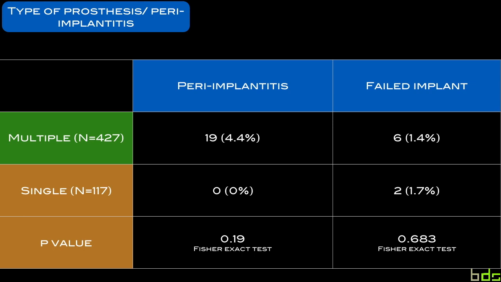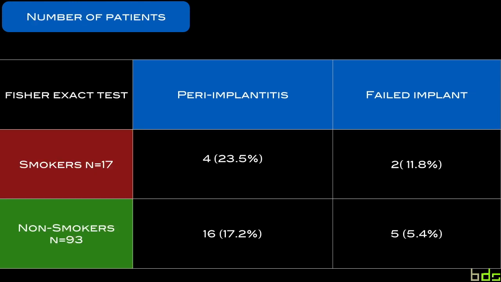Obviously, 4% of the multiple implants had peri-implantitis, but 4% of 127 implants, so statistically, it wasn't significant. Also, we looked at the smoking habit of patients. We had 17 smokers versus 93 non-smokers. We found that smokers were more prone to peri-implantitis and more prone to failure.